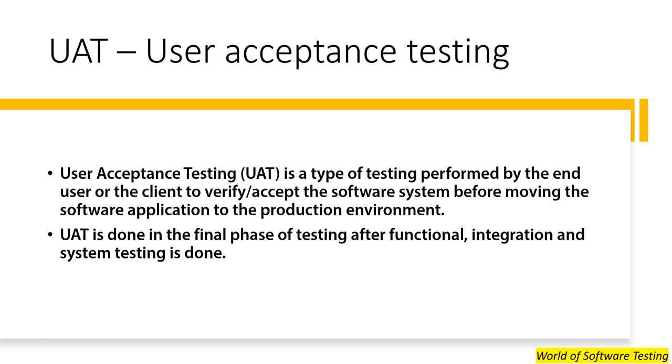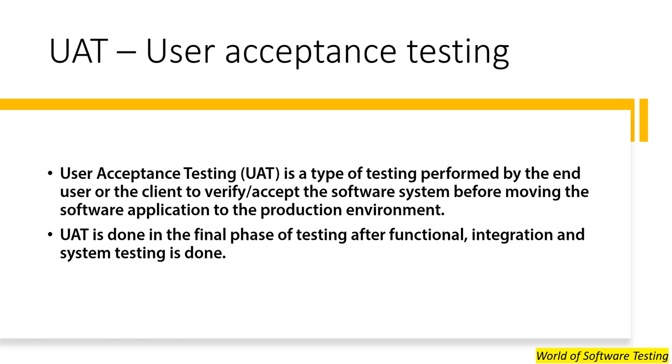This is UAT, user acceptance testing. User acceptance testing is a type of testing performed by the end user or a client to verify or accept the software system before moving the software application to the production environment.